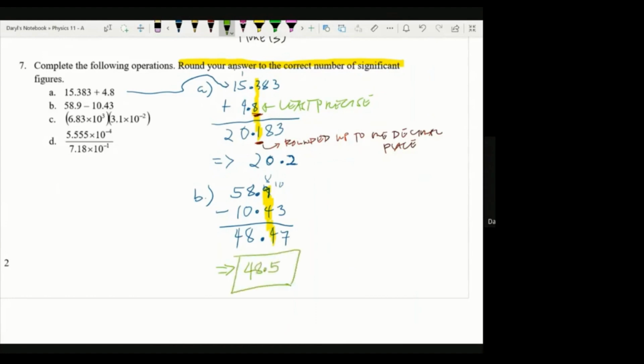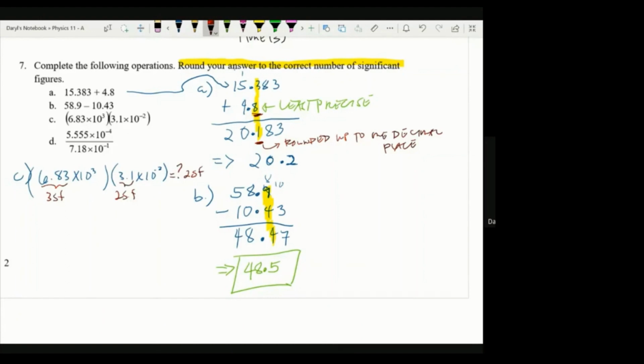So now for letter C, you're gonna take note of the number of significant digits. Let's say for 6.83 times 10 to the power of 3 multiplied by 3.1 times 10 to the power of -2, you count the number of significant digits. This has 3 significant digits. This has 2 significant digits. So the answer here should have 2 significant figures.